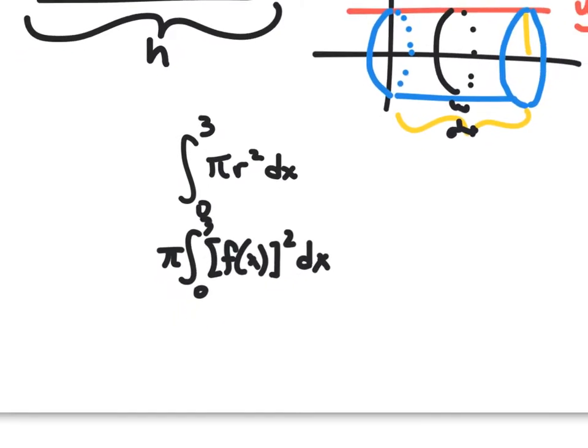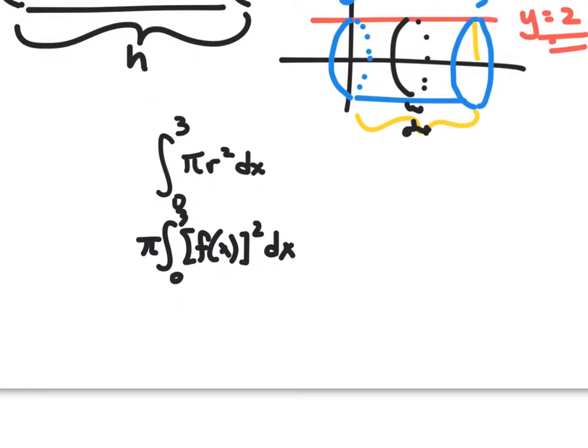Let's find the volume using this integration method. That'd be pi times the integral from 0 to 3 of f of x. What's the integral of 2? It'd be 2x. Now, I did forget something. I forgot to square 2.